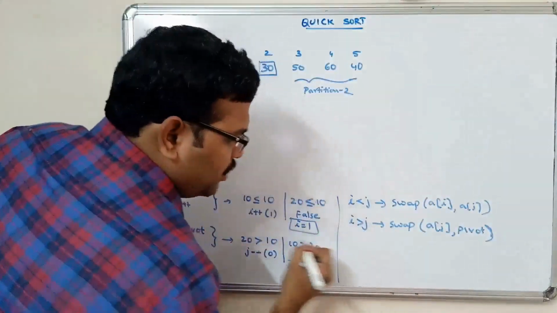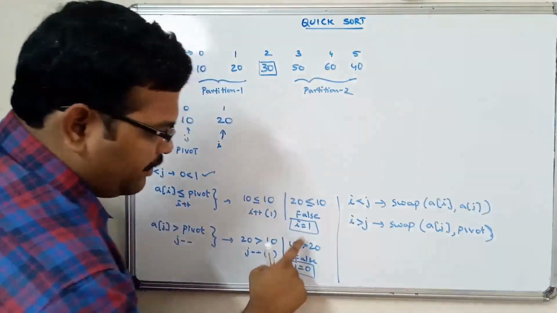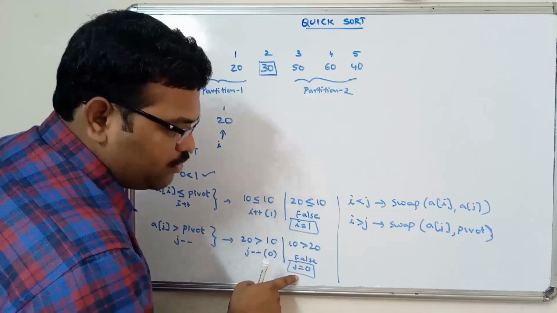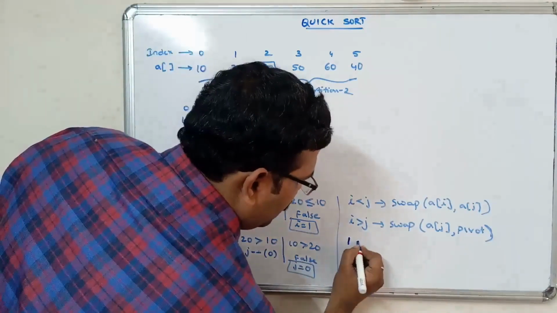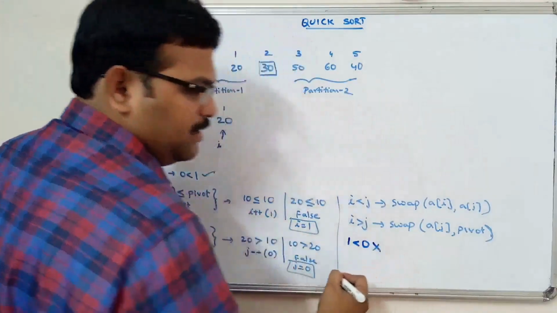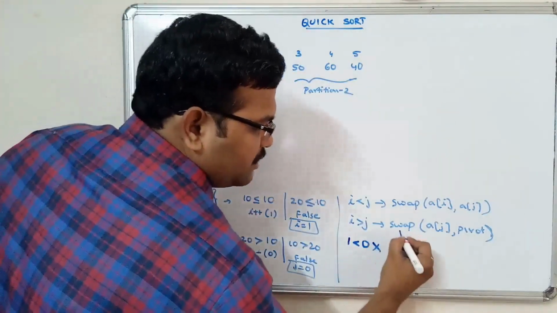So here we can observe at what positions the condition fails. I is equal to 1 and J is equal to 0. So 1 less than 0, the condition is false. So this will happen.